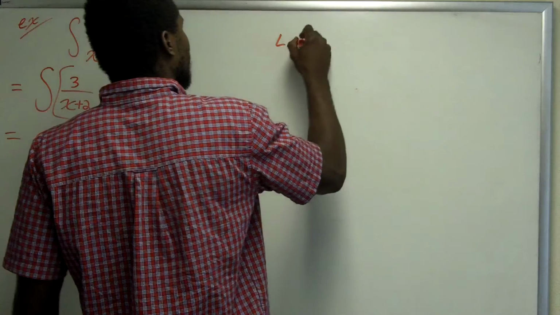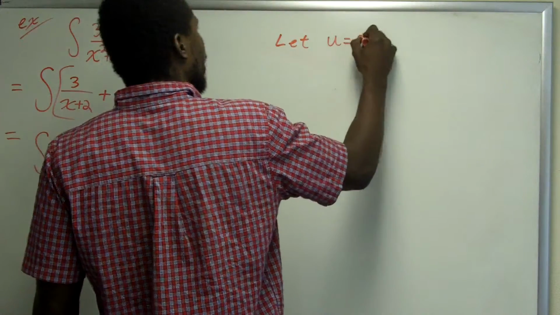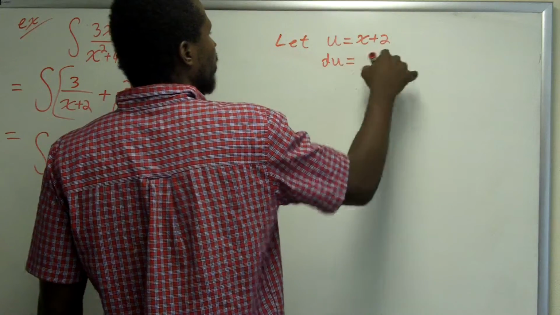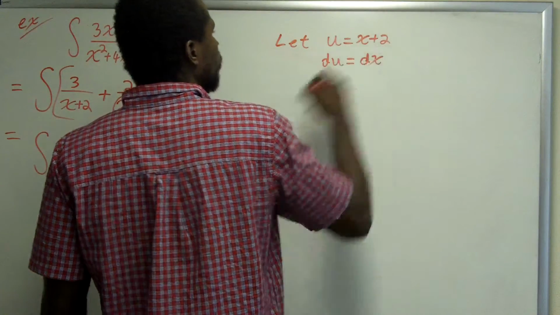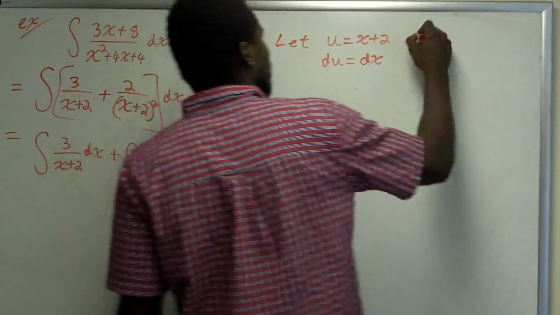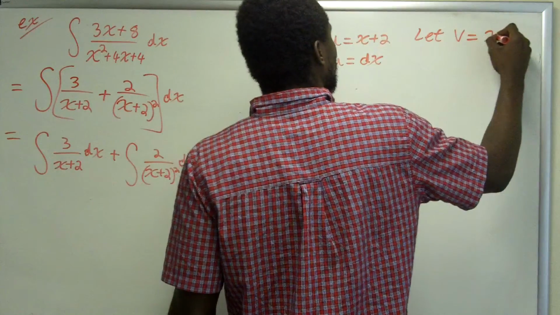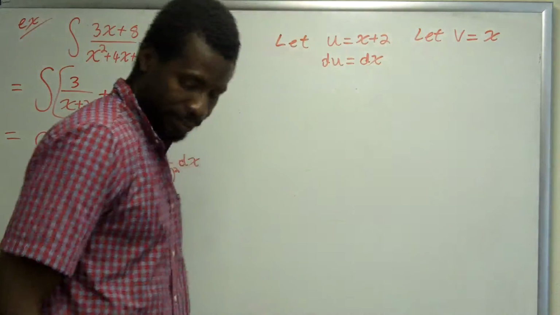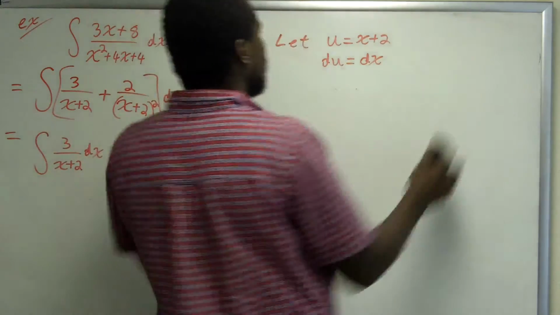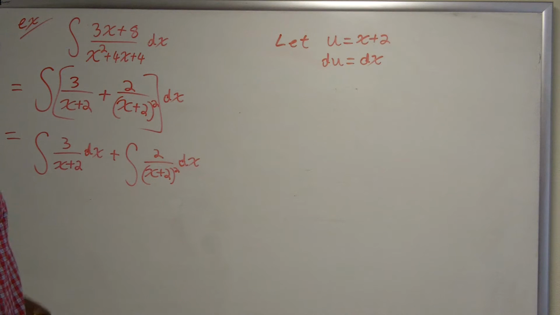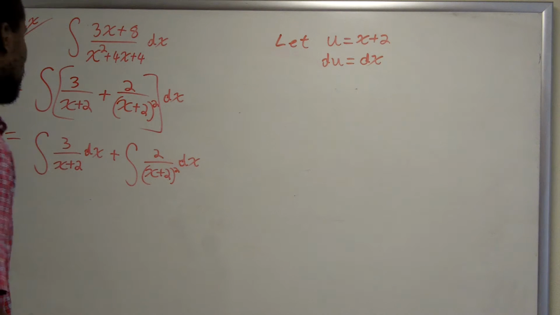I'm going to let u equal x plus 2. In that case, du would be, well, the derivative of this is just 1, so du would be equal to dx. I already have u equaling x plus 2, and the other integral also involves x plus 2, so I can afford to only do one substitution.